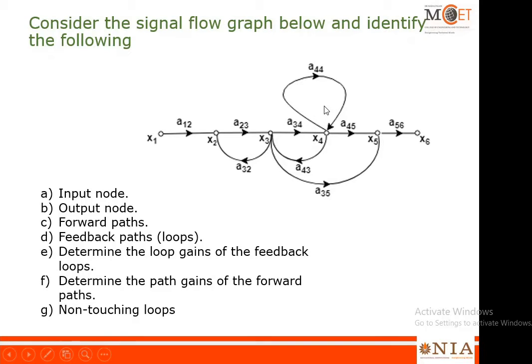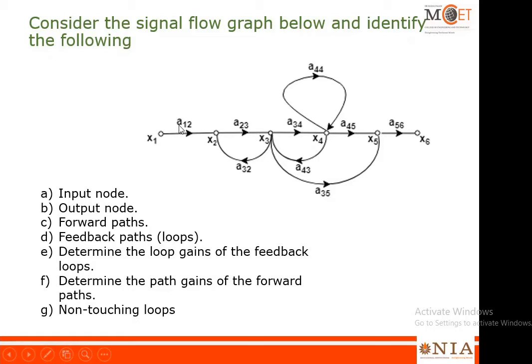Three loops. The gain of every loop: A23 into A32 will be the gain of this loop, A34 into A43 will be the gain of this loop, and just A44 will be the gain of this loop. And for the gain of forward paths, I told you that you should multiply all the gains that you traverse through.